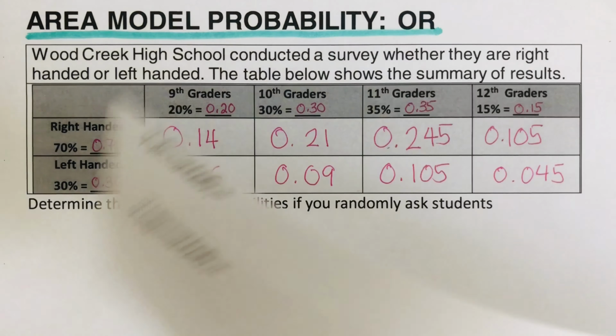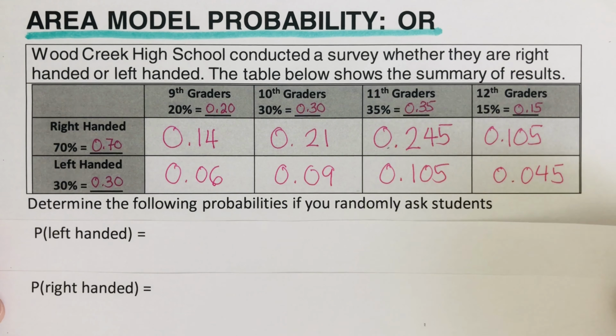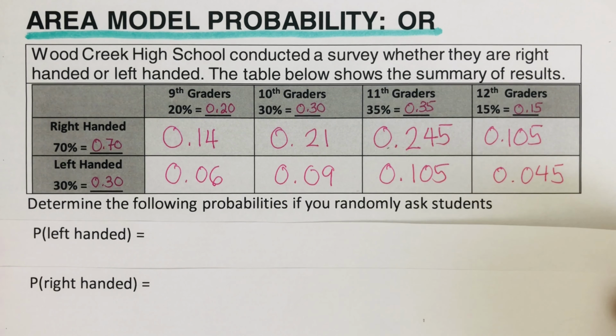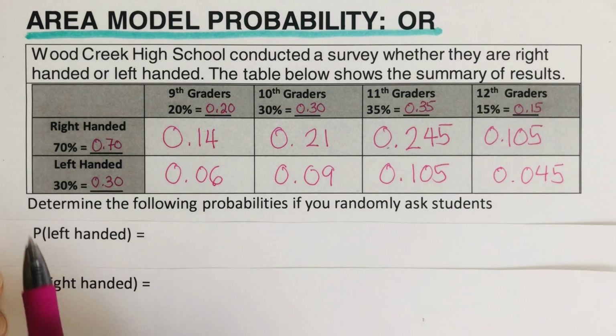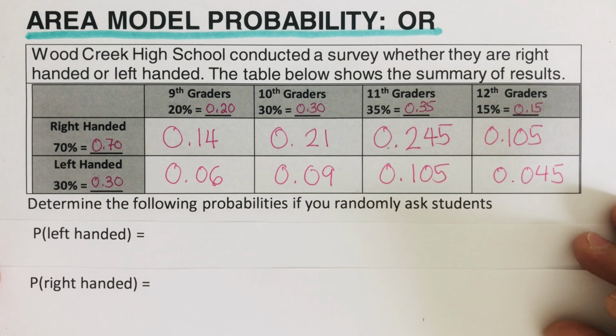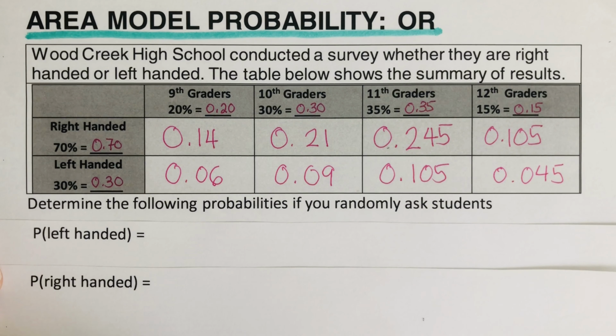At this time, I would encourage you to pause this video and do this problem on your own, and when you're done, unpause it to check your answer. Okay, what is the probability that you're going to ask a left-handed student? We don't care what grades they're in, but we are concerned whether they're left-handed or right-handed. Have you thought of an answer already? Good.